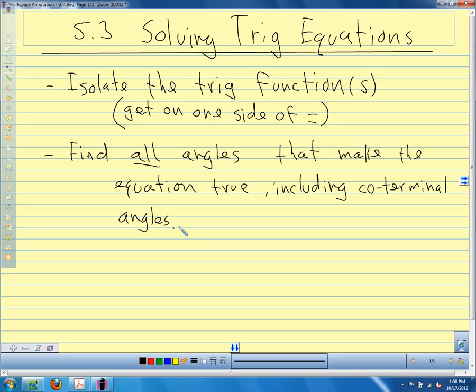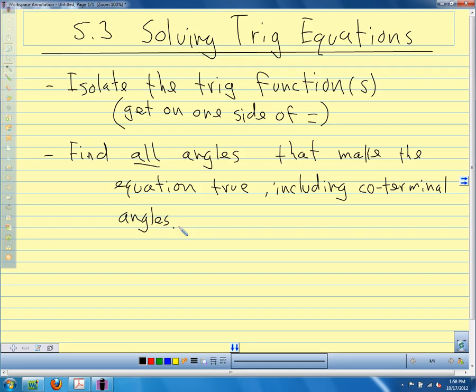So basically we find solutions on our unit circle and any multiple of 2 pi. We can go around the circle again and get to the same angle that's still going to solve our equation.